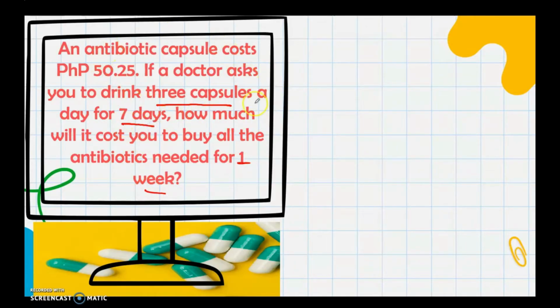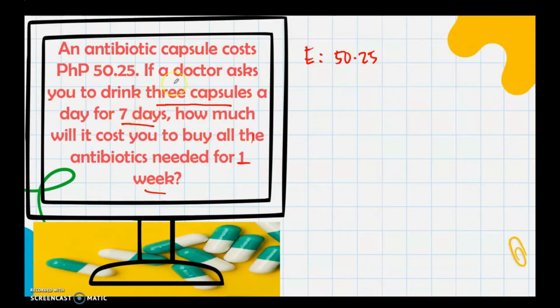Now this problem, if you are going to analyze, it's not just one multiplication. Let's analyze. For the equation, each capsule is 50 pesos and 25 cents. Now, how many antibiotic capsules are you going to buy? Are you just going to buy 7 or just 3 or 10?